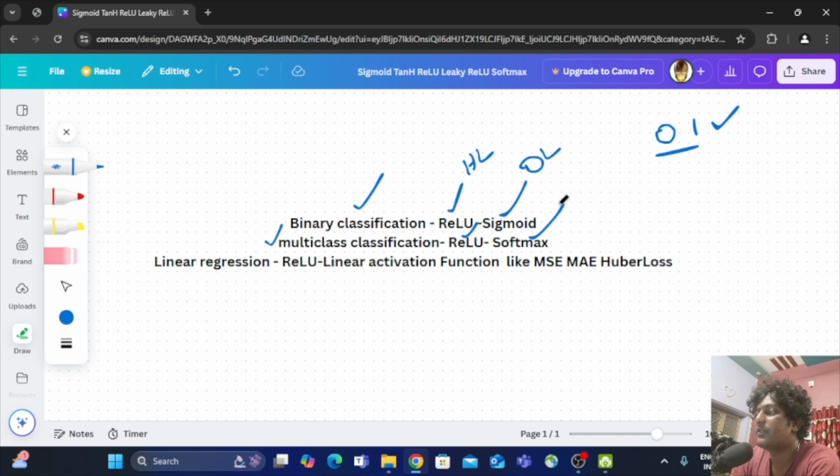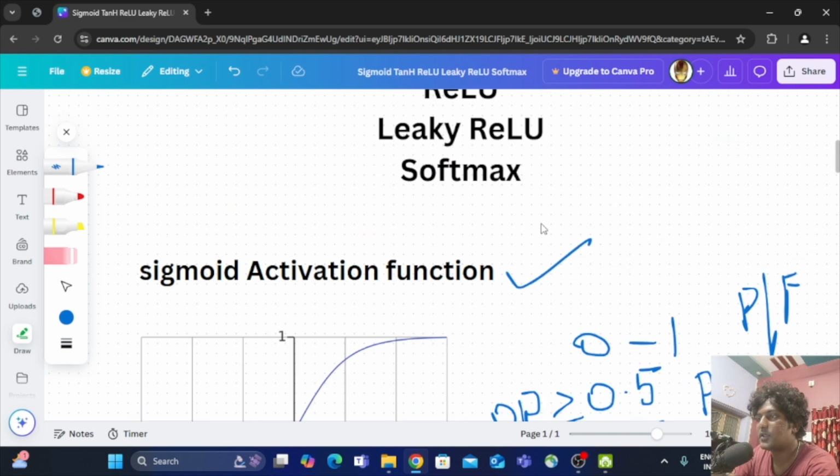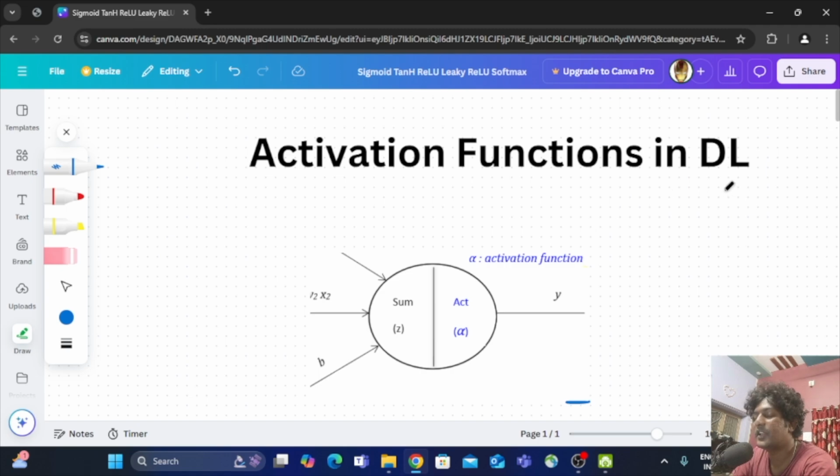It works very well for multi-class classification. If we have a linear regression problem, we can use ReLU in the hidden layer, and for the output layer, the linear activation function. So guys, these are all the activation functions used in deep learning neural networks.